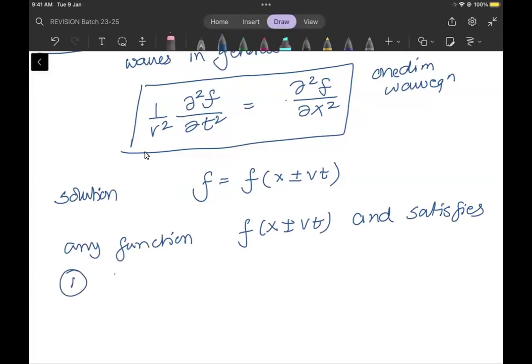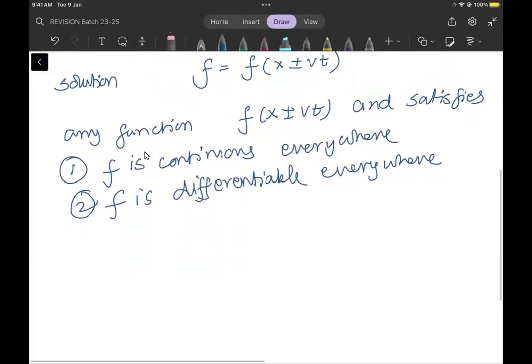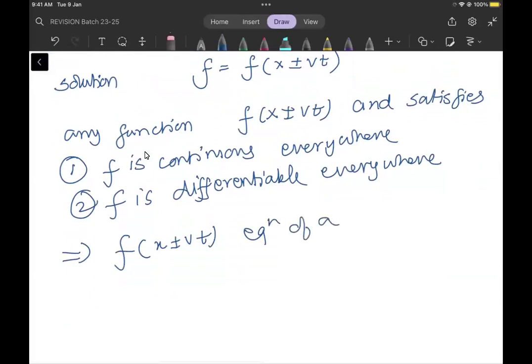Number one, f is continuous everywhere, and number two is f is differentiable everywhere. अगर ये कोई भी फंक्शन सेटिस्फाई कर रहा है, तो it is guaranteed that this function is the equation of a traveling wave.